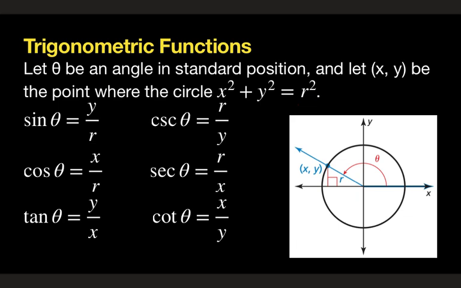And you're going to see that that's going to be useful for a few of these identities. We can see the pattern right here where sine is y over r, but cosecant is r over y. So the only thing that you're going to be doing is flipping that fraction, or you're going to be looking at the reciprocal.